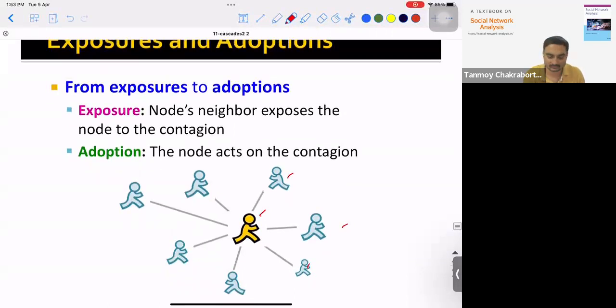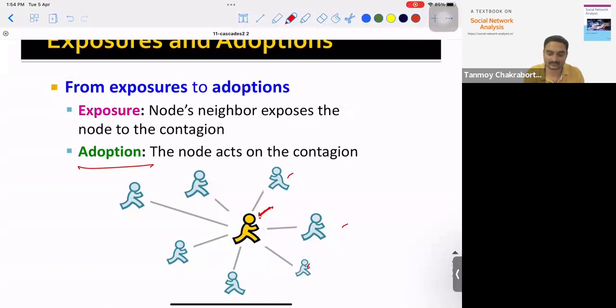It means this user has already been exposed to the disease or rumor or whatever, and then with a certain probability, the node will get infected. So what's the difference here? The difference is that now we are moving from edge-centric probability to node-centric probability.